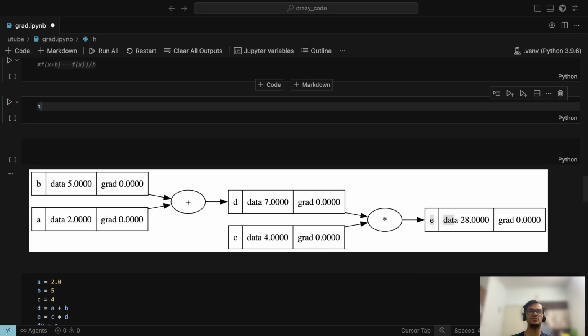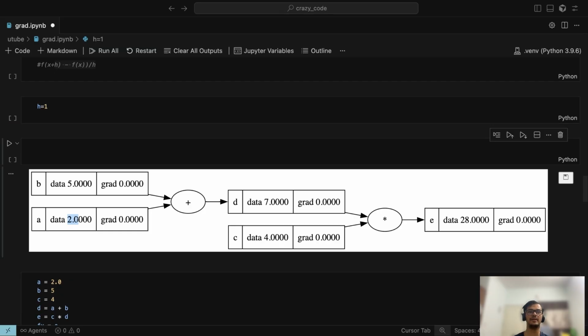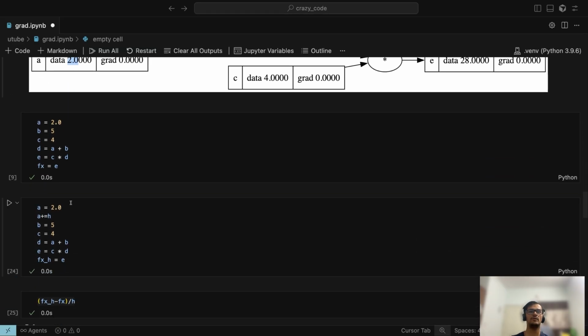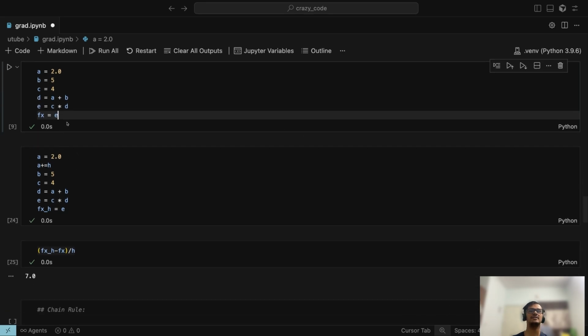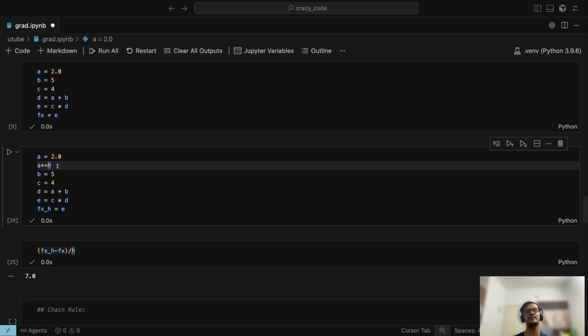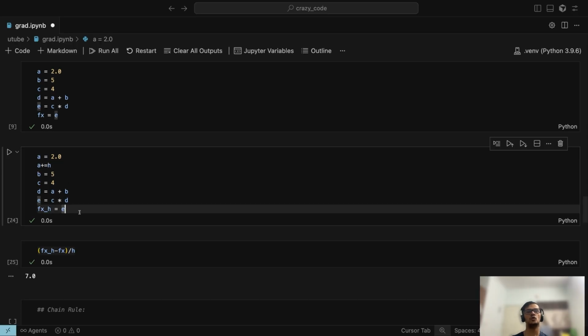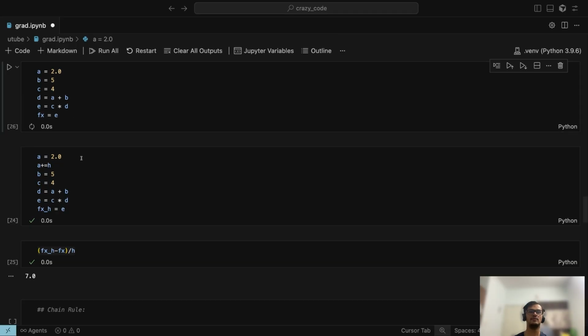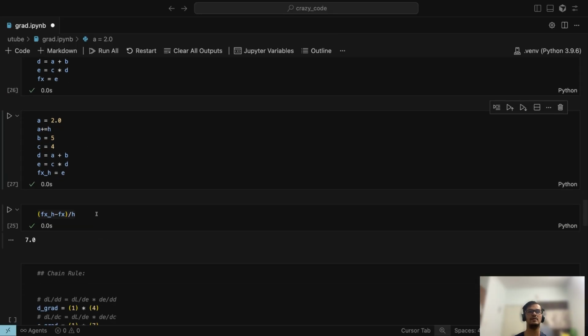We want to change a by 1, so add 1 to a. f of x is what we define as e, and then we copy pasted this code here, and for f of x plus h the only change is that we have added 1 to a. So we got these values here.